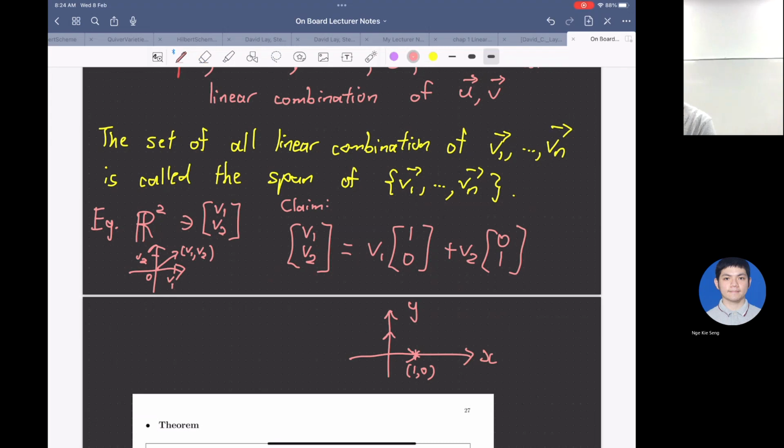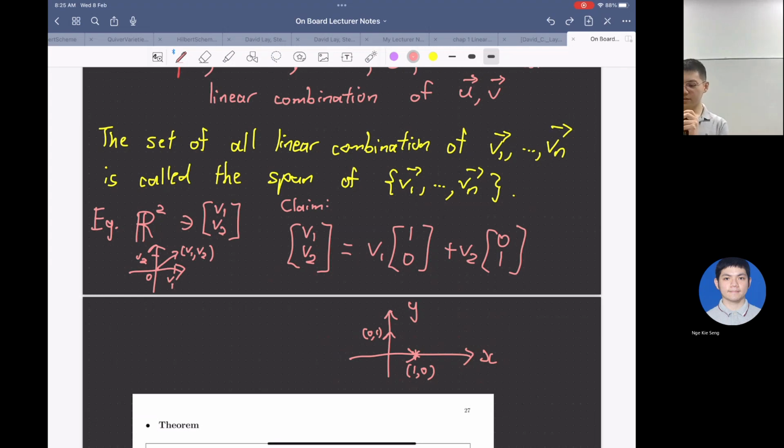When you open up this axis and this axis, you can make all the points here. That's why every time you draw an R2 graph, you draw these 2 lines. And when you draw R3, you have another extra line. Make sense?